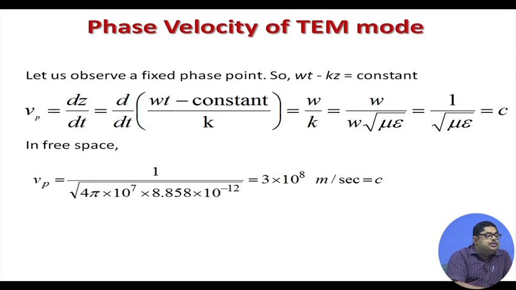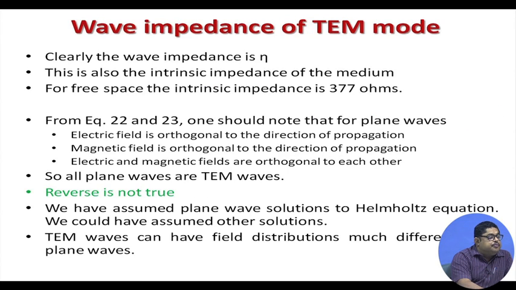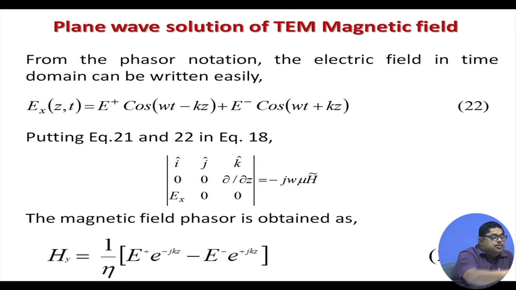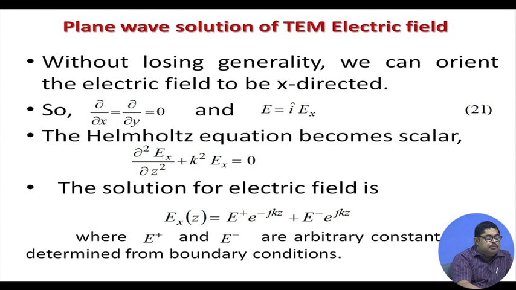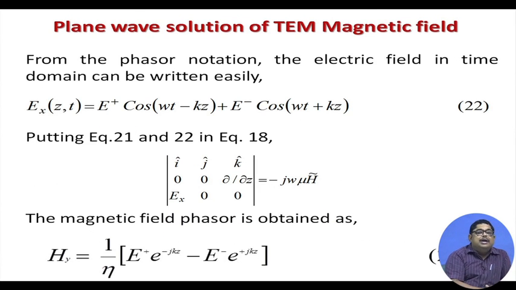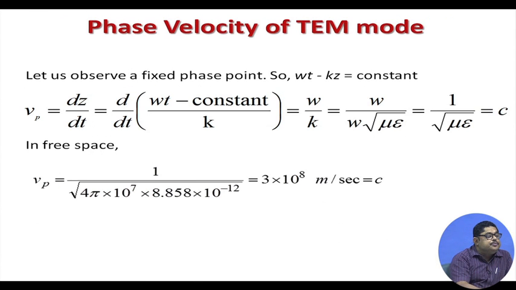So, for the phase velocity, what is the equiphase point? E to the power, so here you see omega t minus kz is the phase. So, equiphase points.